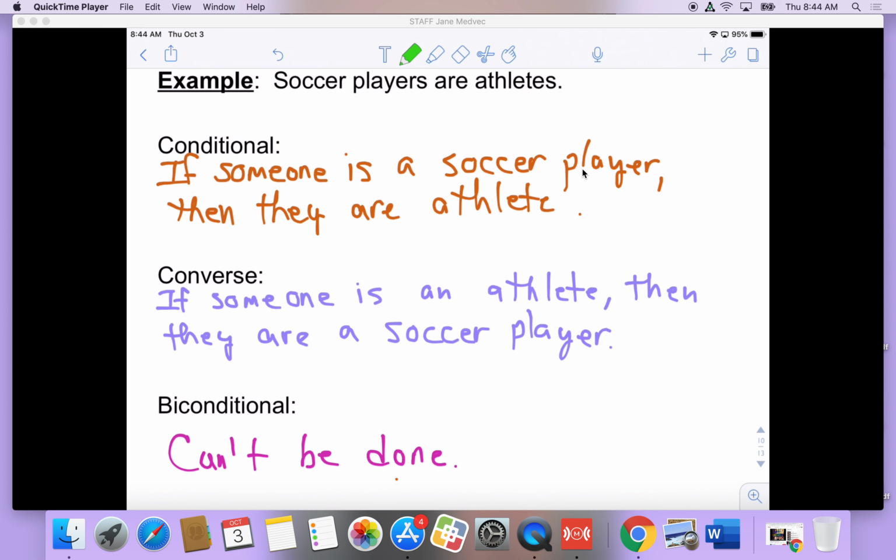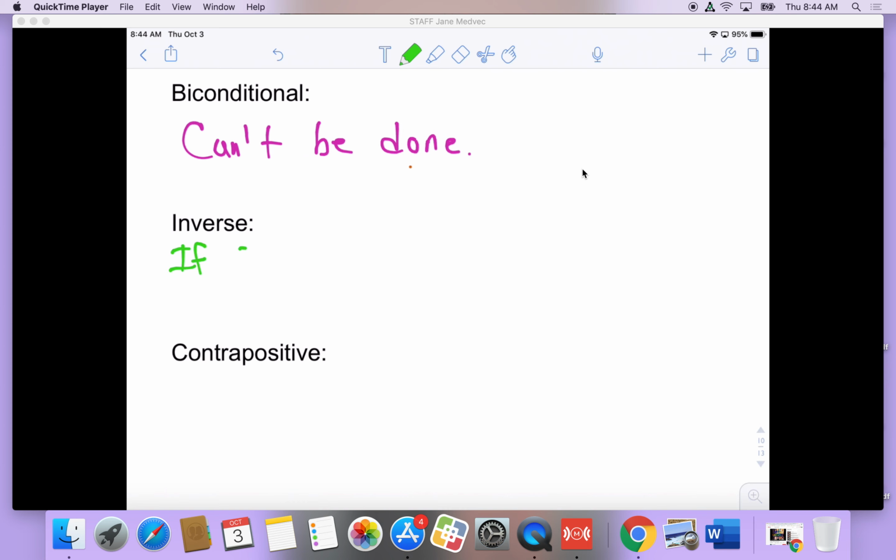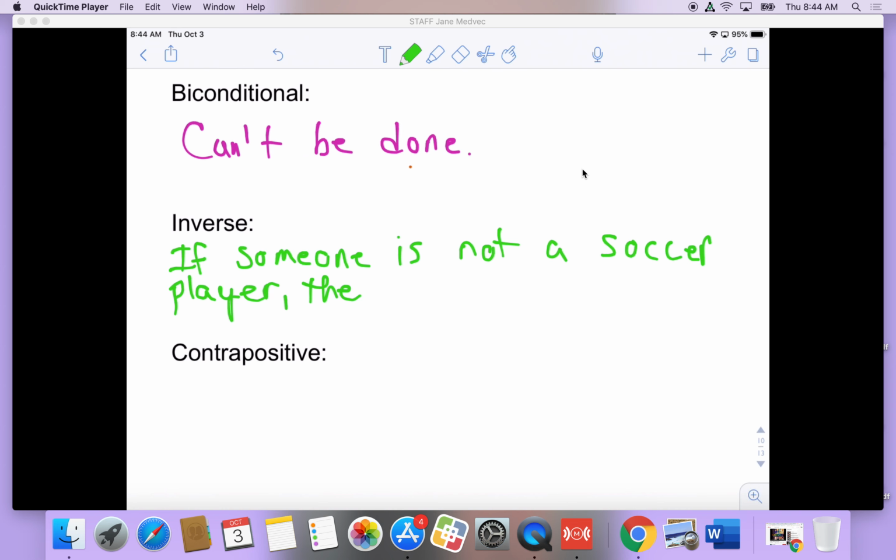If someone is not a soccer player, then they are not an athlete. Period. Capital letter, period.